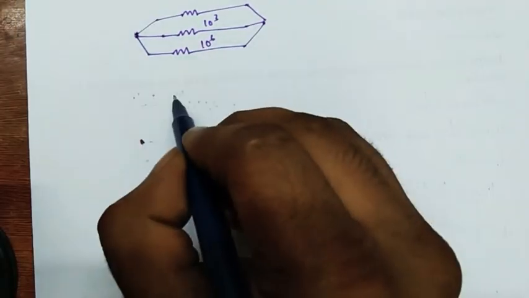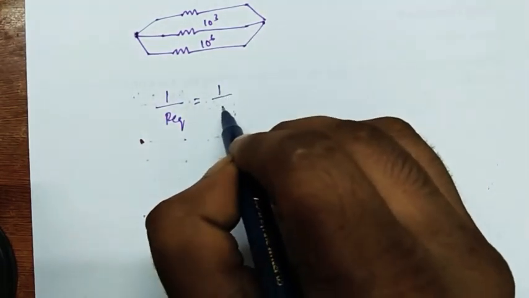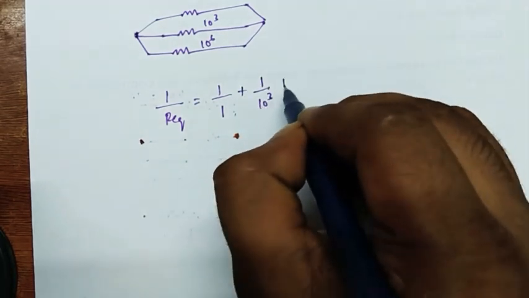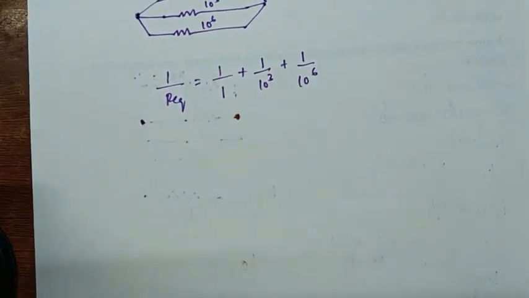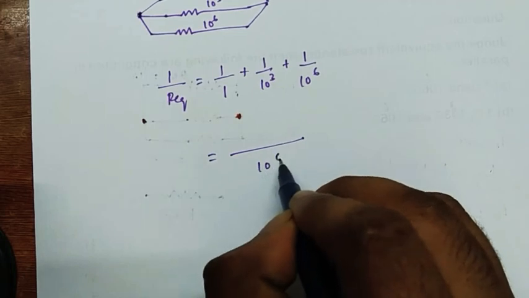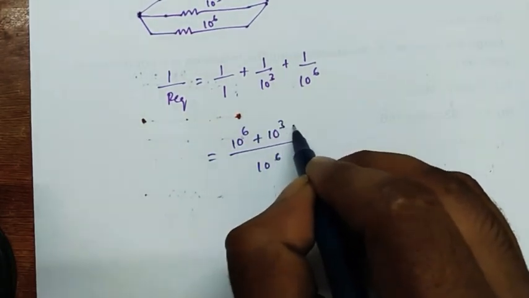Now how do you find R equivalent? 1 by R equivalent is equal to 1 by 1 plus 1 by 10 power 3 plus 1 by 10 power 6. Take the LCM, 10 power 6, so we get 10 power 6 plus 10 power 3 plus 1.